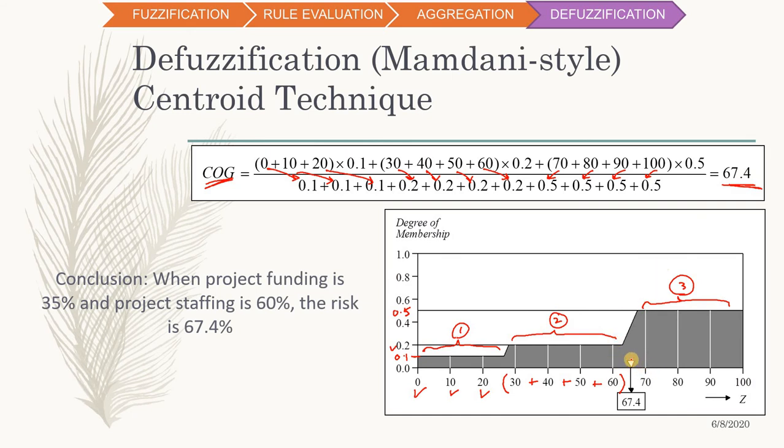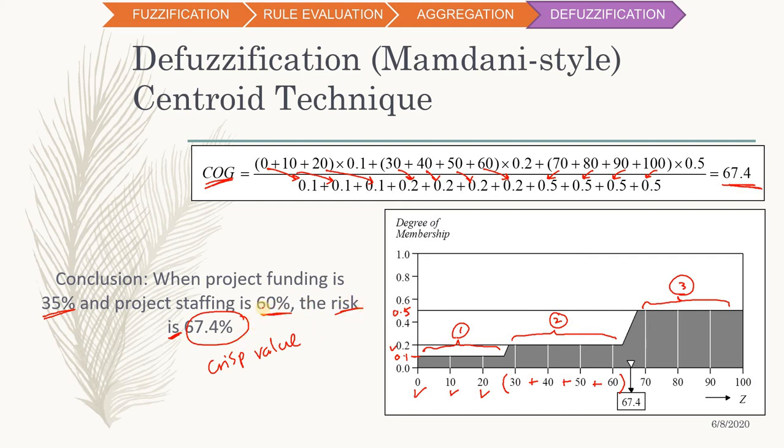So you know that it would be somewhere around here, 67.4. Your value of Z here is the risk. So now you know the crisp value. Before this we did the fuzzification, and based on our crisp values here we got 35% of project funding and 60% of project staffing.